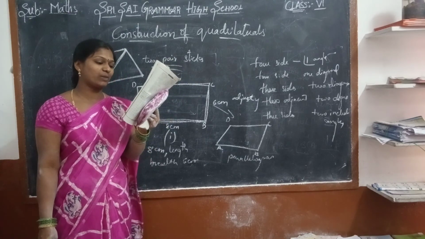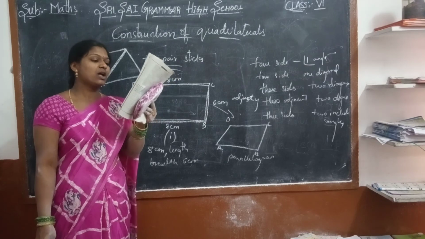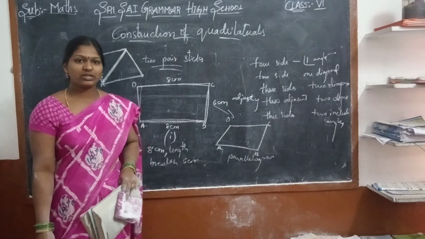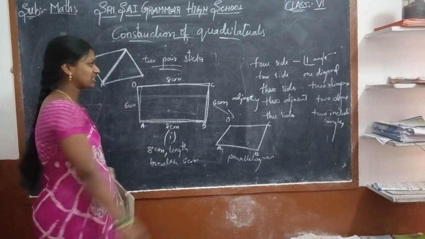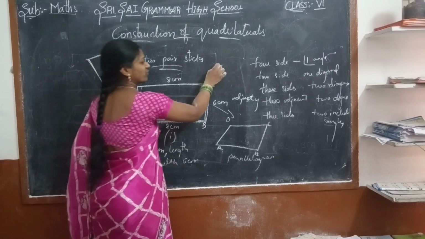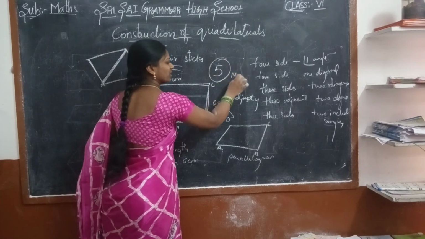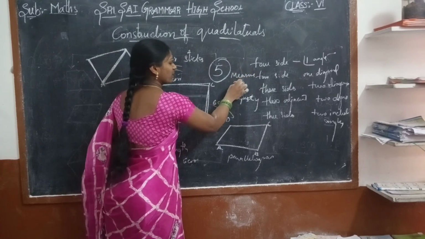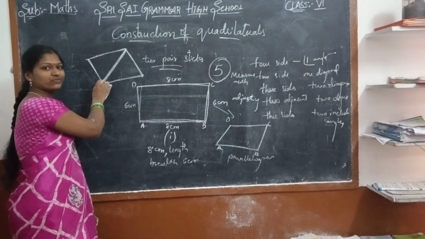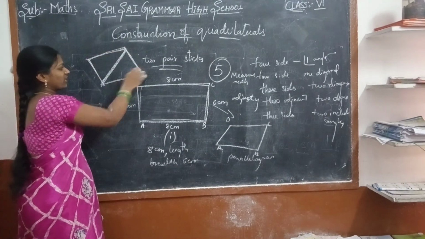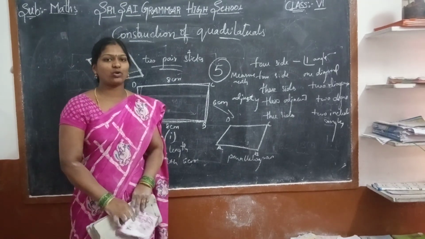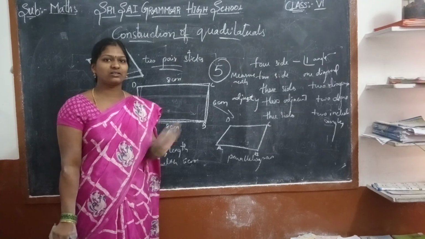Thus, we observe that 5 measurements can determine a quadrilateral. But will any 5 measurements be sufficient to draw a unique quadrilateral? So by this experiment, we know that 5 measurements are required to form a quadrilateral. So in the next class, we are going to construct the quadrilateral. Okay.